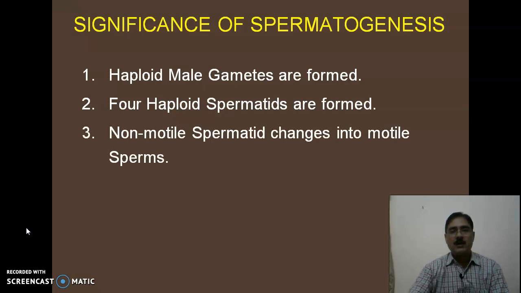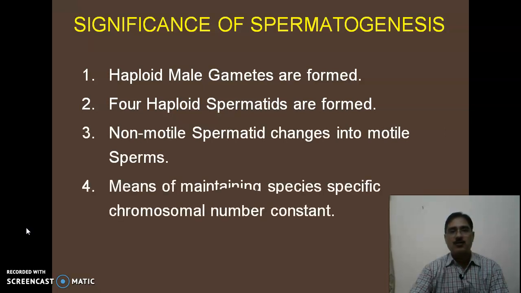The non-motile spermatid changes into a motile sperm, that is, the process of spermiogenesis we have already discussed today. And spermatogenesis is a process of maintaining the species-specific chromosomal number constant. So these are the four significances of male gametogenesis or spermatogenesis.